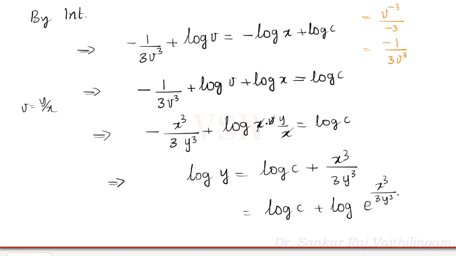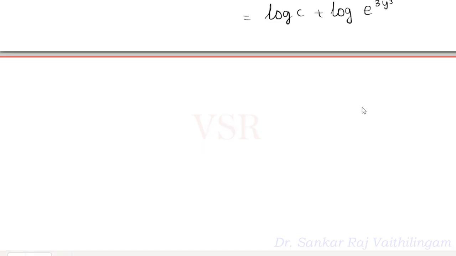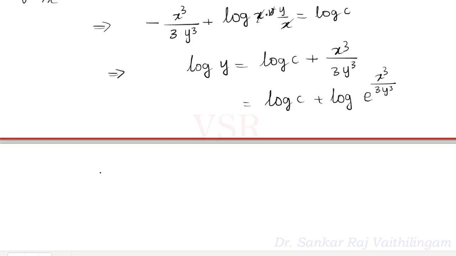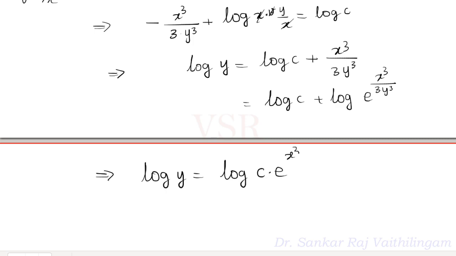Okay, so we do this on the next page. So this implies that log of y is equal to log c into this. Let's multiply both, log of c times e to the power x cube divided by 3y cube.